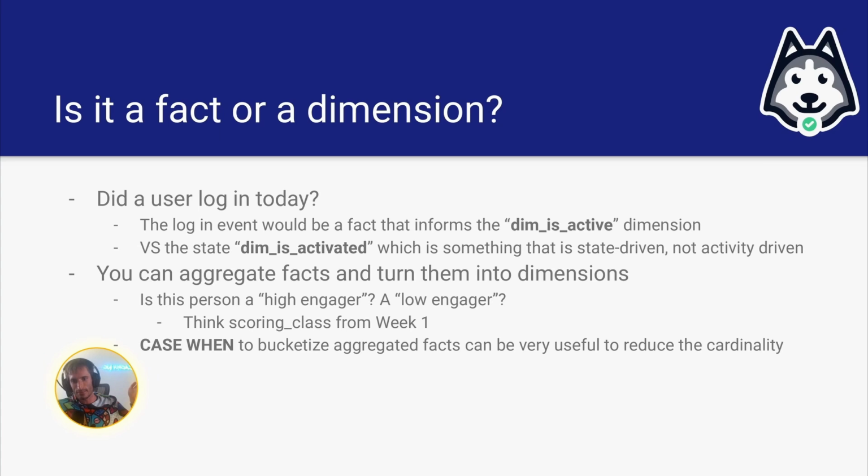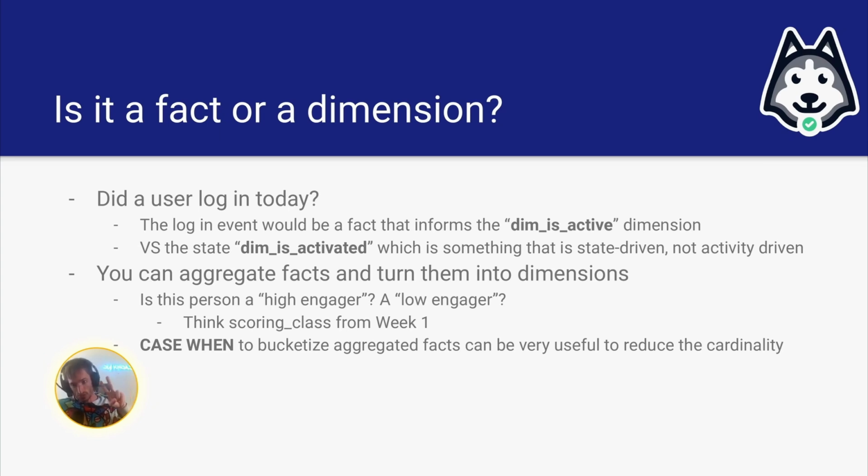A lot of times that will change the state of your account from activated to deactivated. That is an example of a pure dimension, because that's an attribute on your user object. It's not based on the events that you generate.